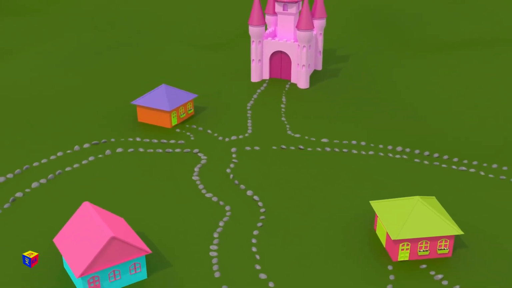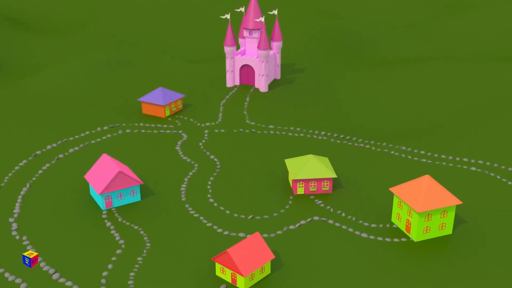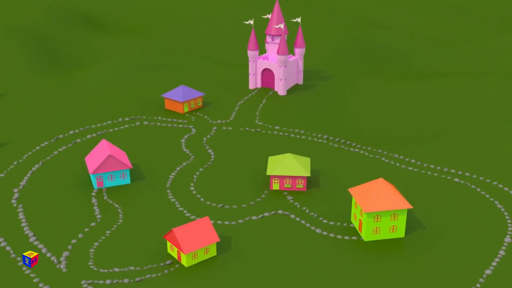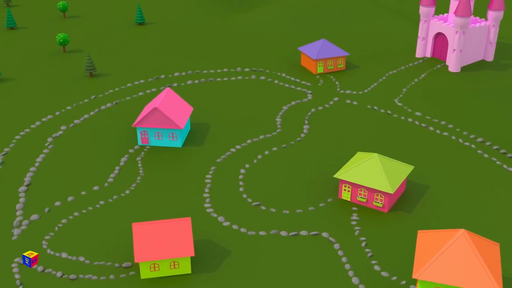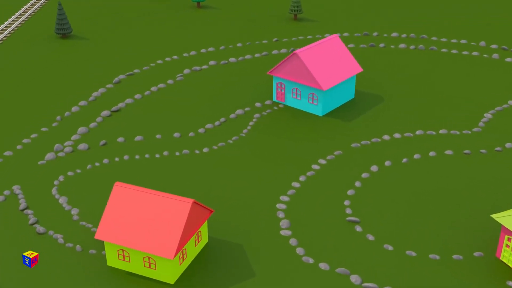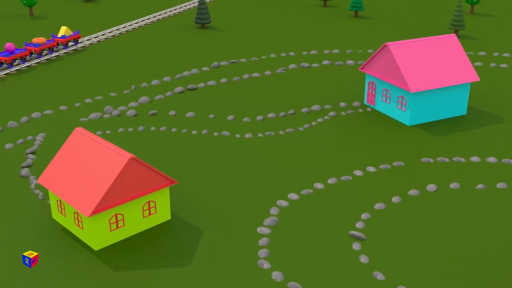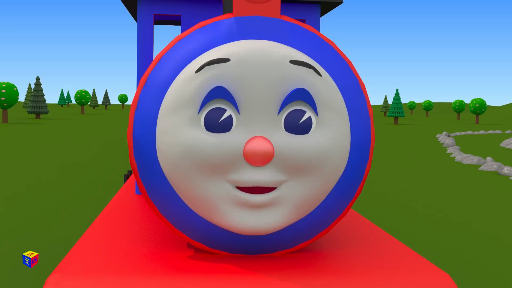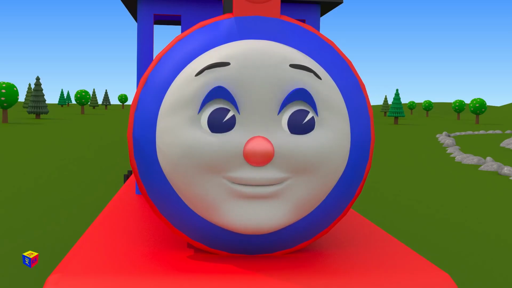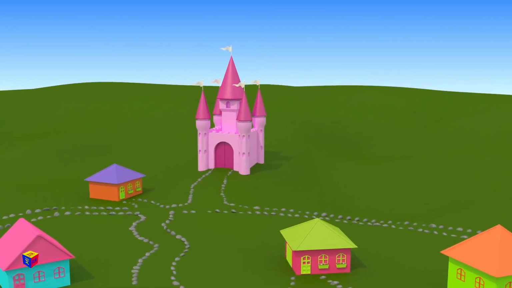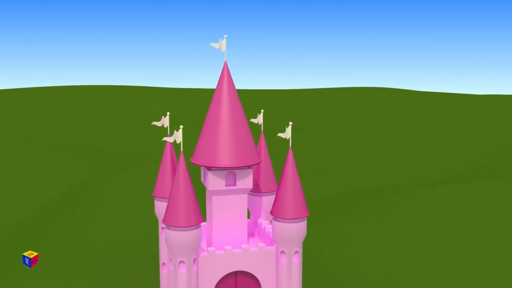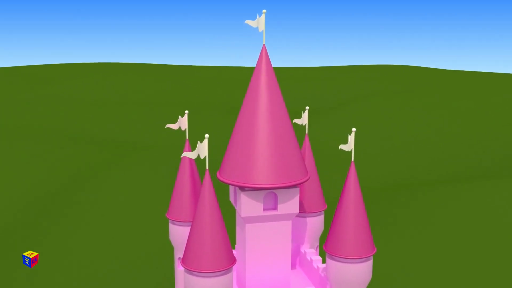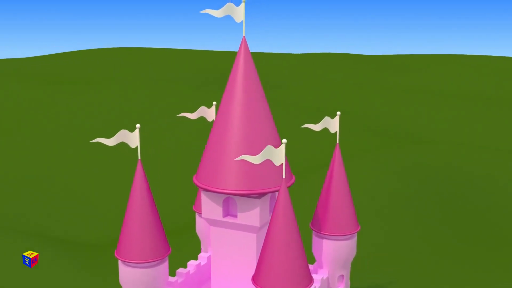Are all the roofs pyramid shaped? No, here are roofs that are other shapes. And where can you see the cones? It is true, on the towers of the castle.